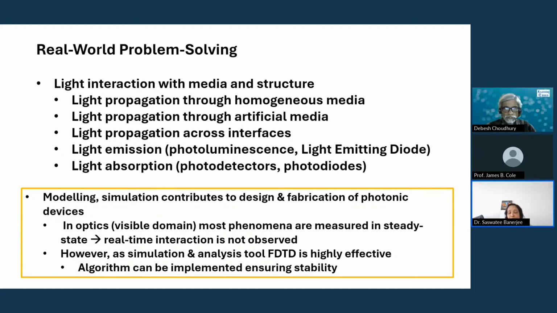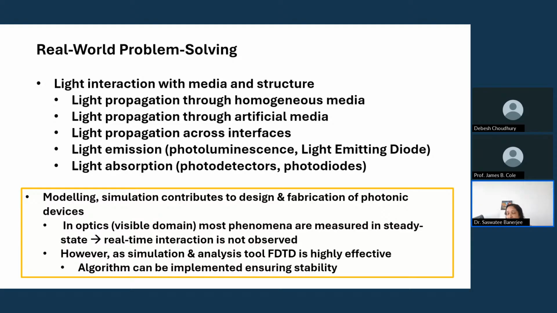As an argument, that's actually true, but in industry, finite difference time domain became a standard way of solving these problems. The reason is, it's not just that you care about the real-time behavior, which is good if you are looking at it, but also because the algorithm itself is easy to implement, and it's a robust algorithm, and it can be stable with a lot of little details.